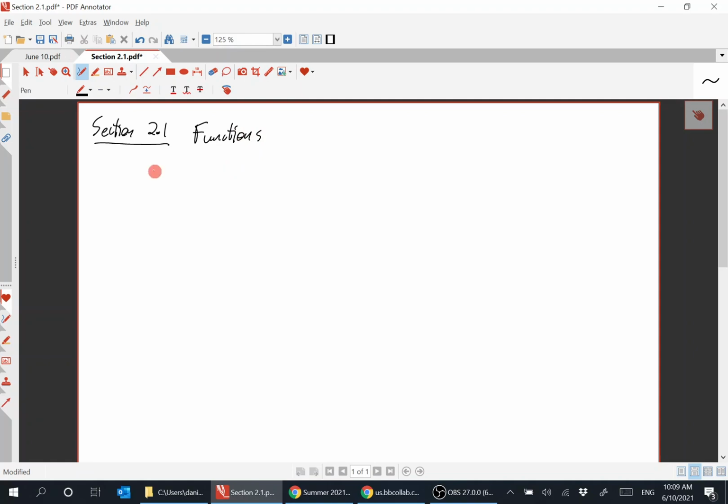So a function written as f of x, like this. It's said f of x, and that's the way it's pronounced. So it's not multiplication when you write it like that.